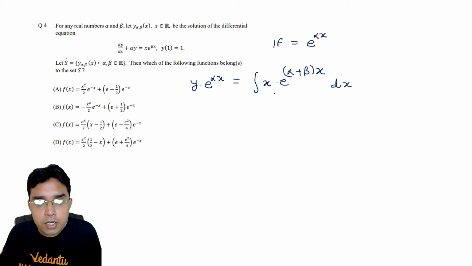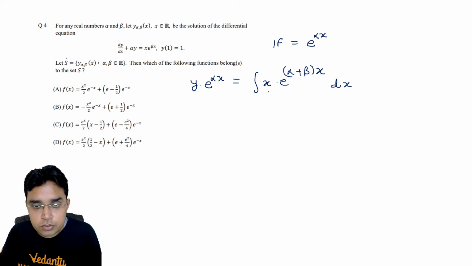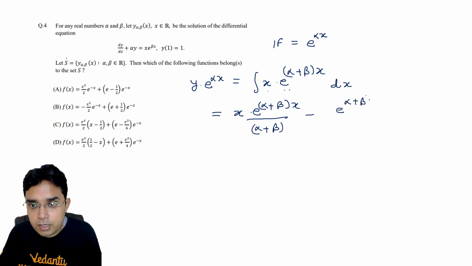Now we can use integration by parts, first function and second function. So here we will get x into e power alpha plus beta x upon alpha plus beta, minus e power alpha plus beta x upon alpha plus beta whole square, plus some constant c.